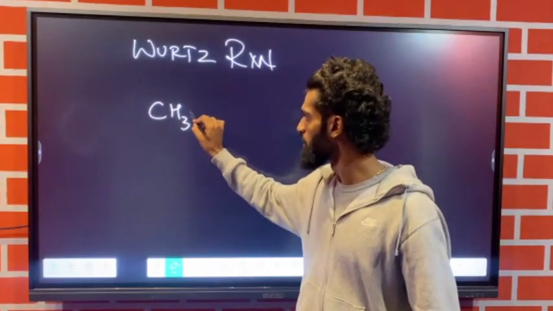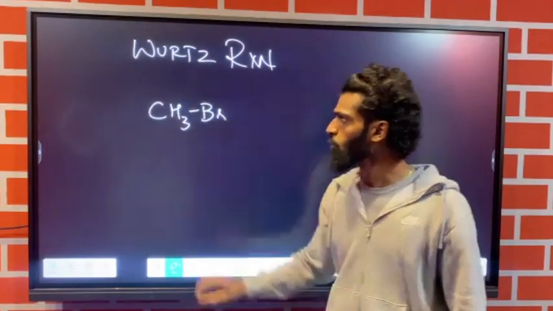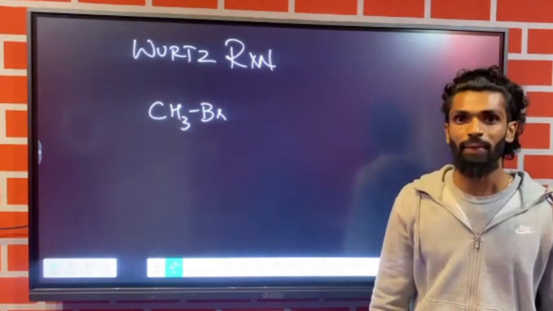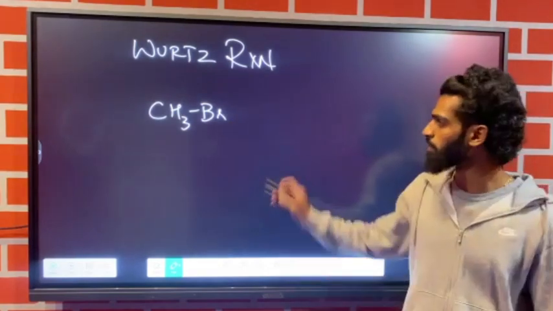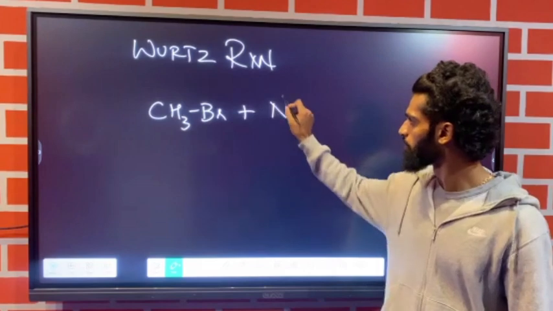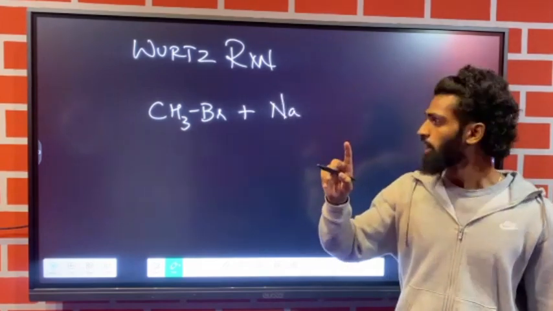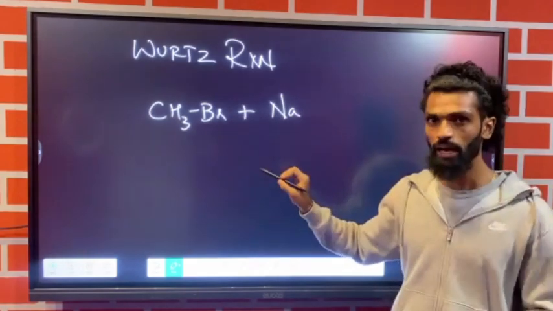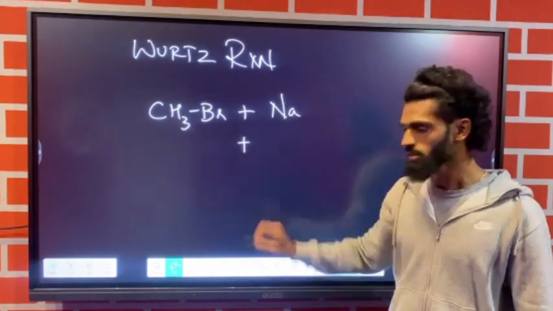I'll take CH3Br. Now please wait. I told you wherever the Wurtz reaction comes in the picture, a metal is used. Usually it is sodium. Now the hint. You put one more plus. It's actually not required. I'm just going to tell you. You'll put one more plus.